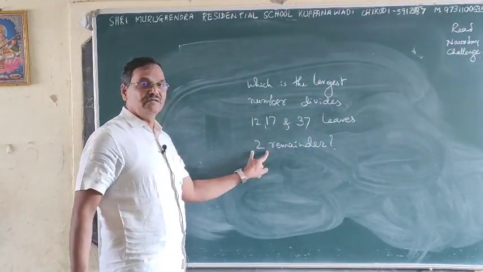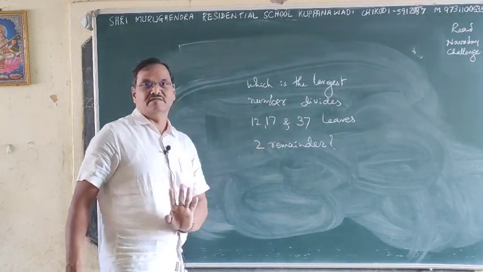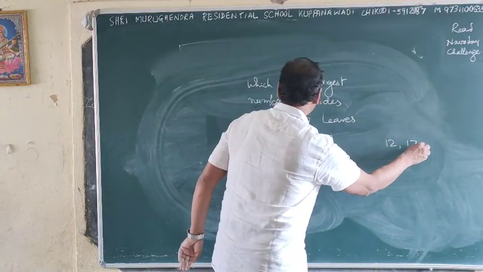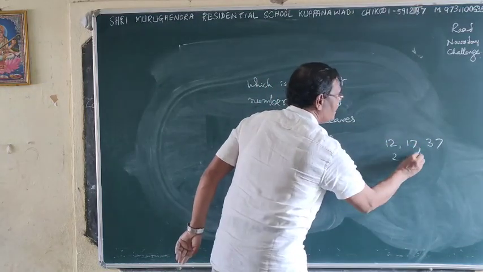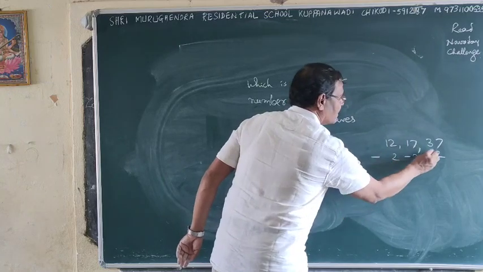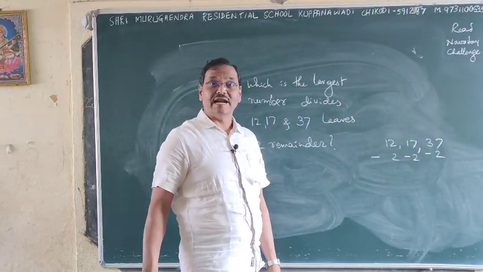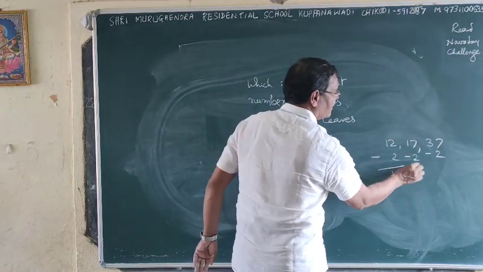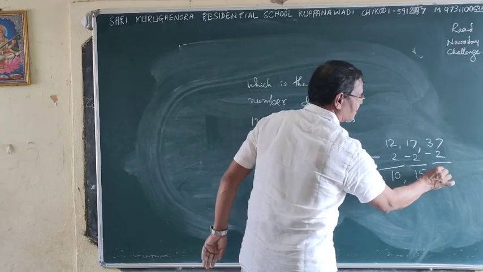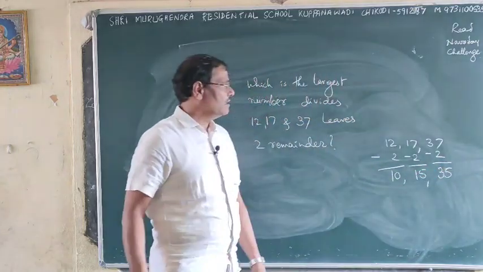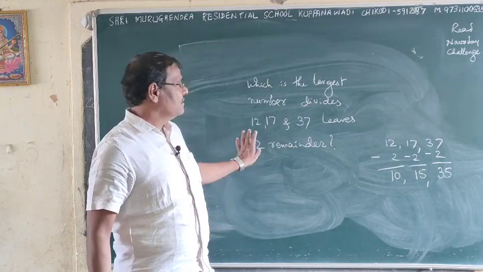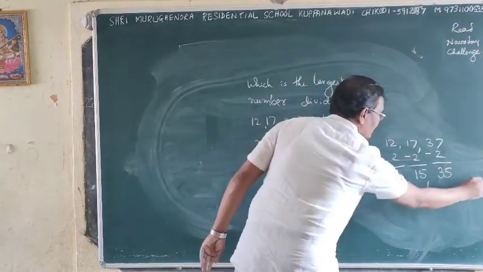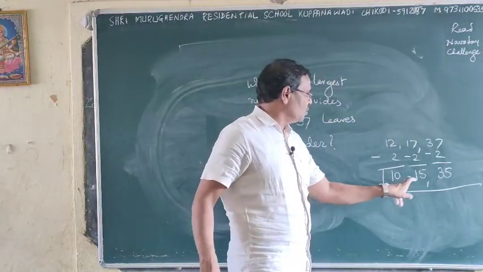First, remainder means this is excess in all these numbers, isn't it? So what you have to do, you have to subtract 2 in each case, so that after subtracting you will get some different numbers. Here you got 10, here you got 15, whereas here 35 you got, isn't it? Then the HCF of this is, see, all these end in 0 or 5.